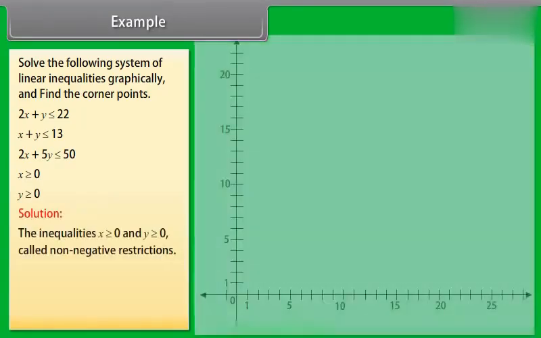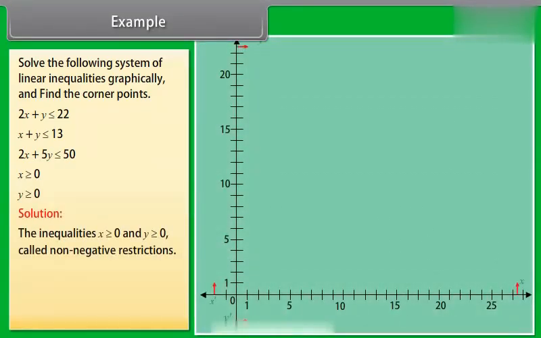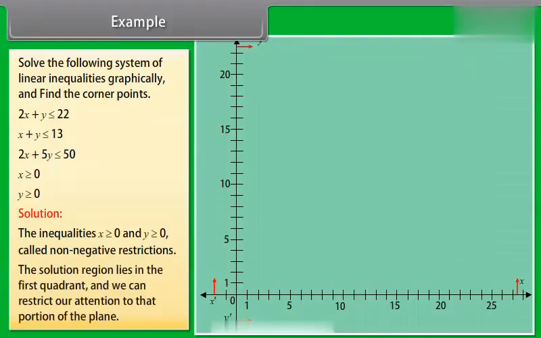Solution: the inequalities x greater than or equal to 0 and y greater than or equal to 0 are called non-negative restrictions. The solution region lies in the first quadrant, and we can restrict our attention to that portion of the plane.